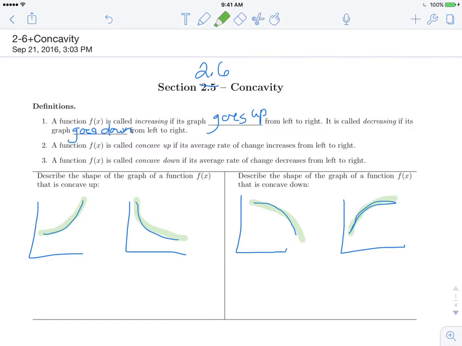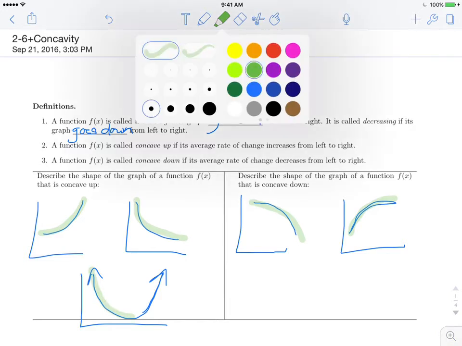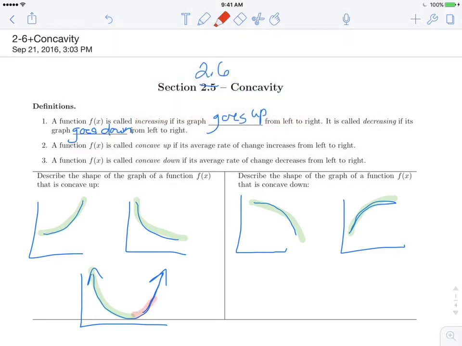And even more importantly, you might have a situation where you have a graph that's concave up the whole time, but there are parts of it, so we'll pretend this is a parabola, there are parts of it that are decreasing, and there's parts of it that are increasing.